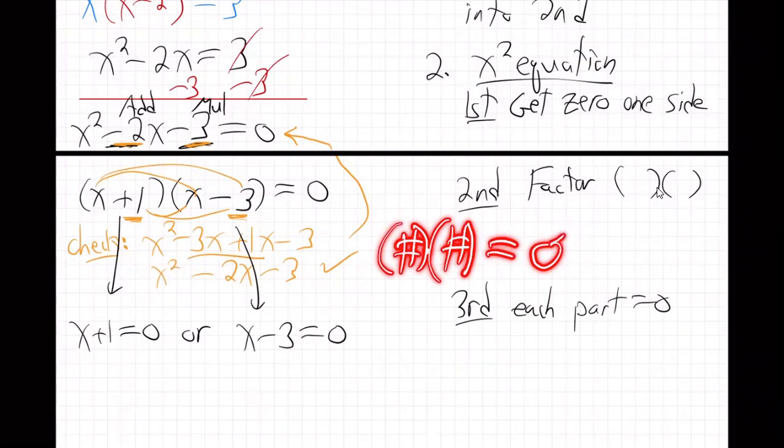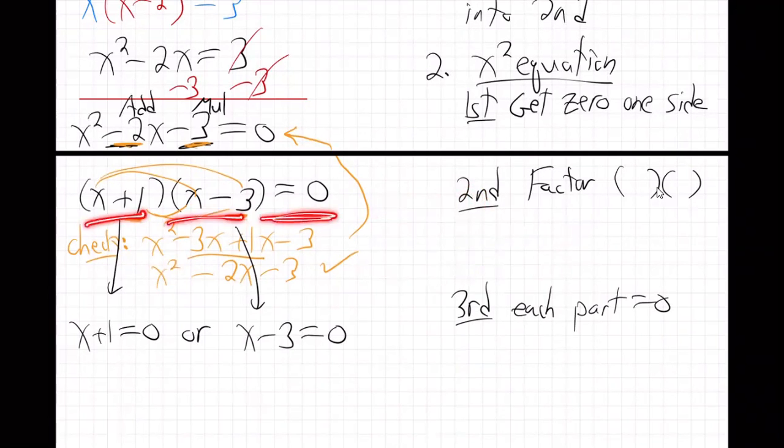How can you multiply two numbers and get 0? Well, the first one could be 0, or the second one could be 0, right? If either one of the two numbers is 0, then they're going to multiply to come out 0. So that's what's happening here. We have two things multiplying to equal 0. That means the first one could be 0, or the second one could be 0.